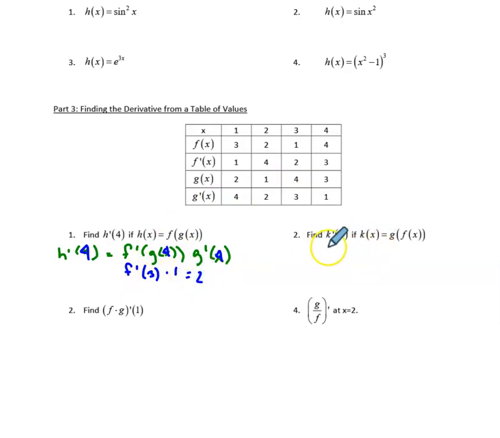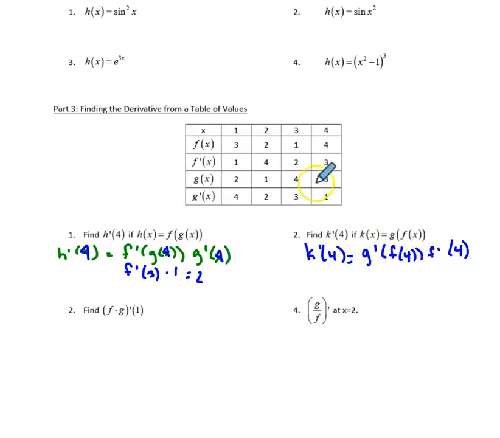So let's keep going. K prime of 4 is going to be the derivative of g of f of x at 4, so I've got another chain rule, this way in the opposite direction, so I'm going to have g prime of f of 4 times f prime of 4. Then I read values from the table.